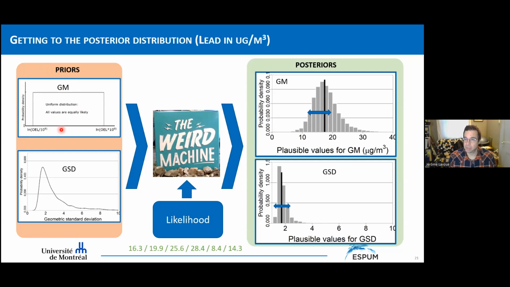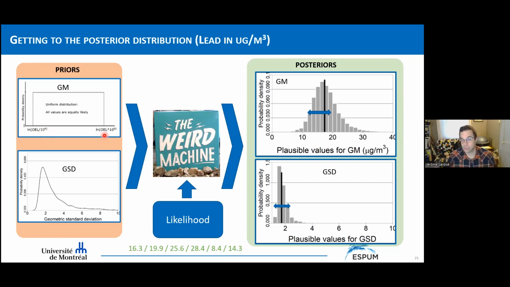So for the geometric mean, we have a very uninformative prior. It says very little about what the geometric mean is. You see that in the log scale, it's a uniform distribution between the exposure limit divided by 10 to the 9 and the exposure limit multiplied by 10 to the 9. So for most practical purposes, it's almost between 0 and plus infinity.